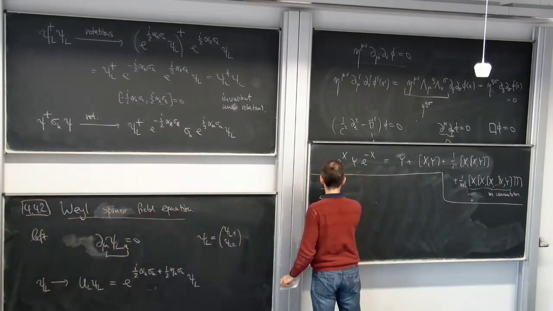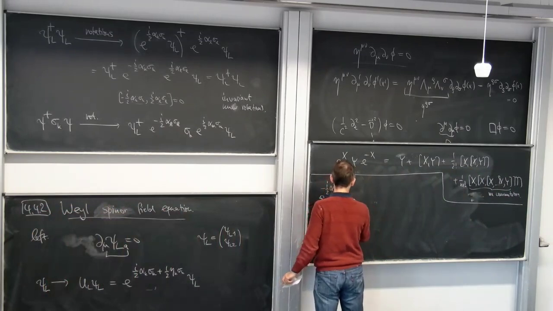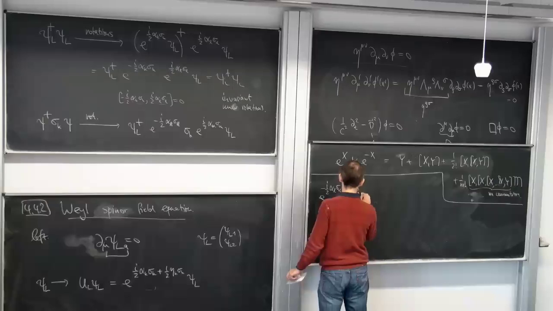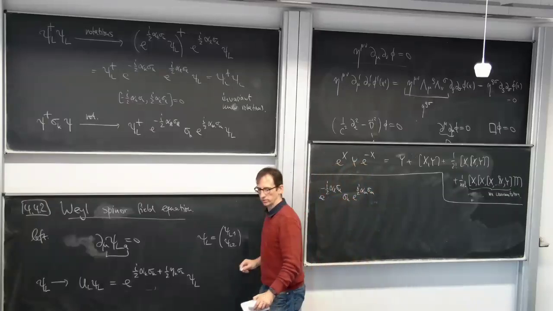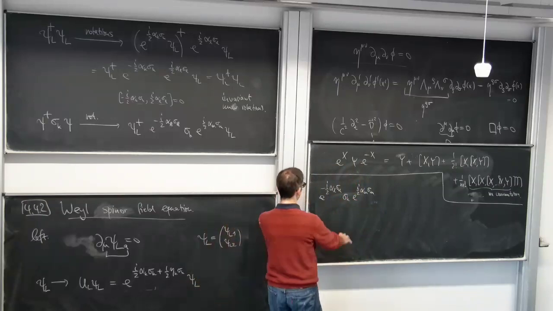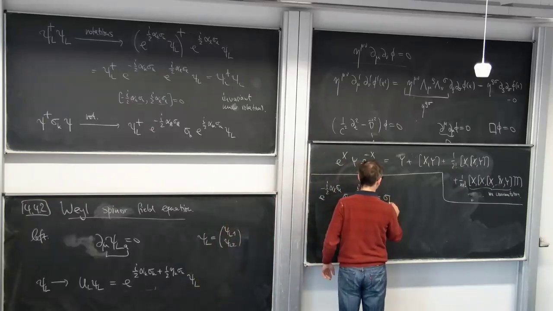Just look at e to the minus i half alpha_l sigma_l, sigma_k, e to the i half alpha_m sigma_m, at linear order in the alphas. So setting alpha all to 0, then we have sigma_k.